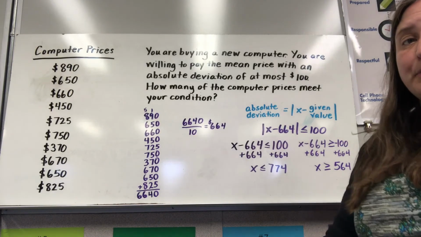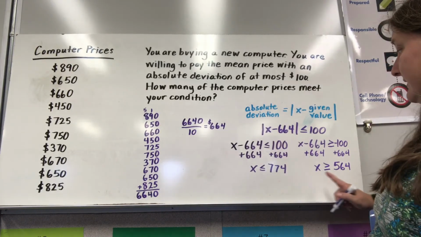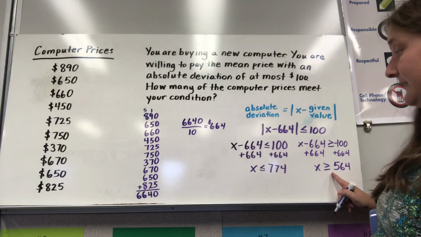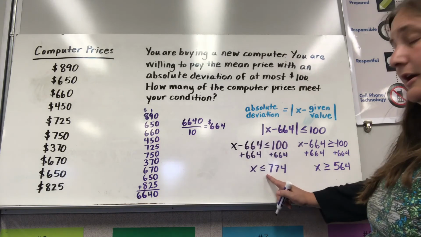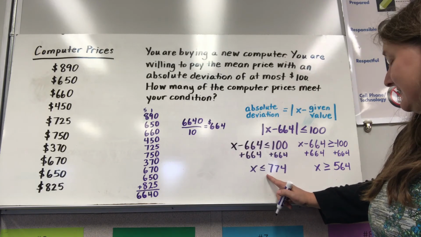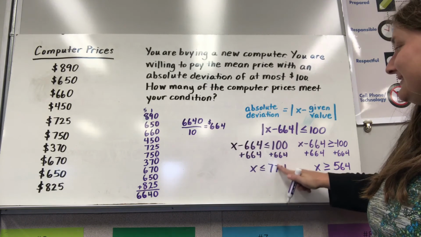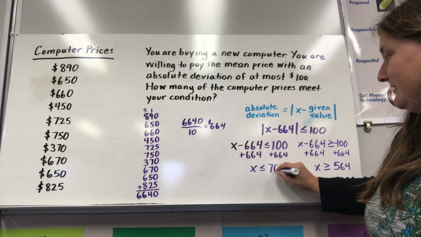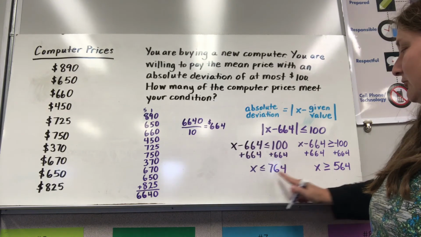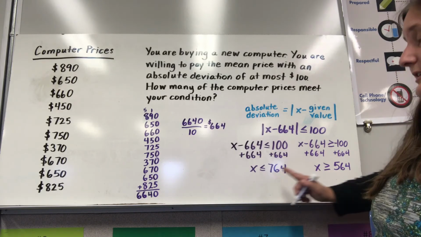So the price of computer that I am willing to pay for is somewhere greater than or equal to 564, but equal to or less than 764. Excuse my error there. So it's between these prices and including these prices.